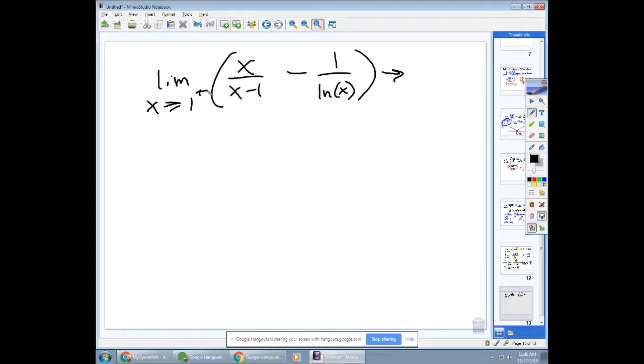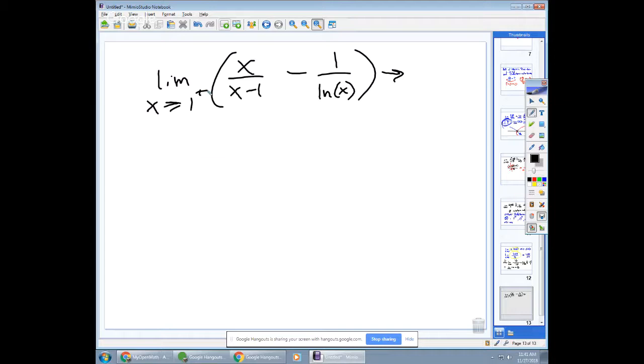On the other side, it would be negative infinity. And then what's natural log of 1? Wait, it's x natural log, so that'll be x to the first equals.